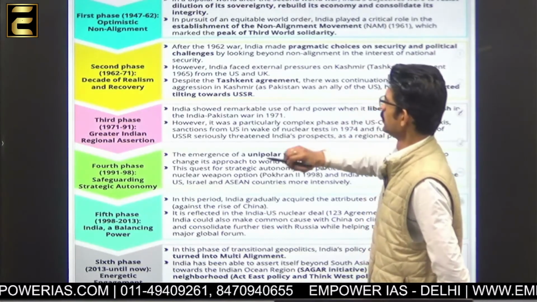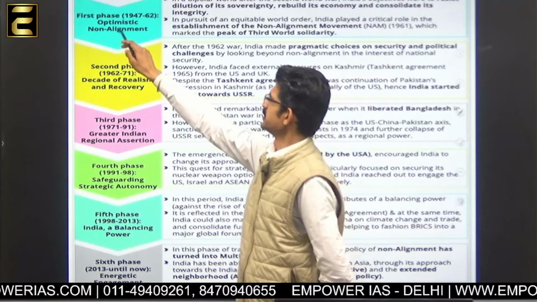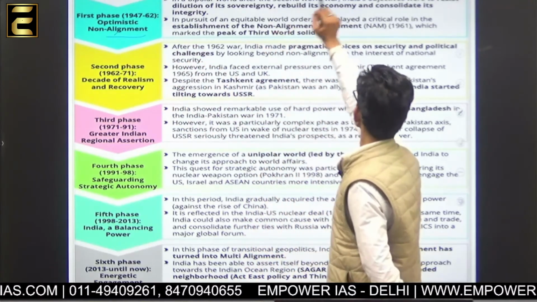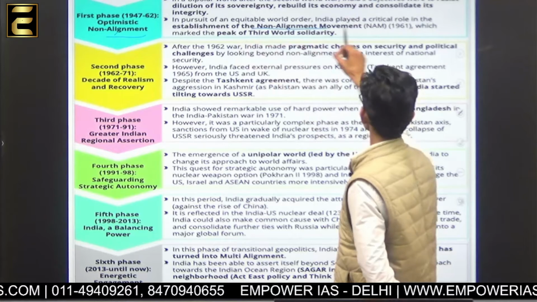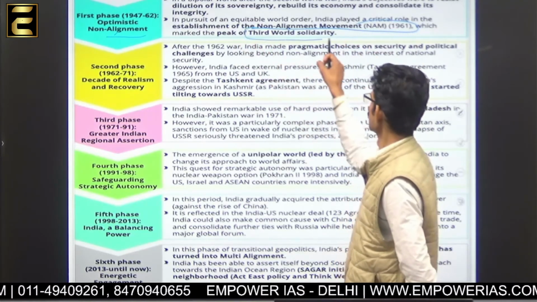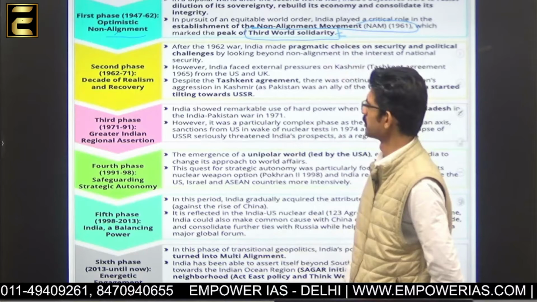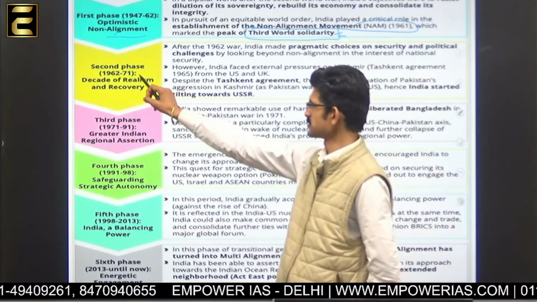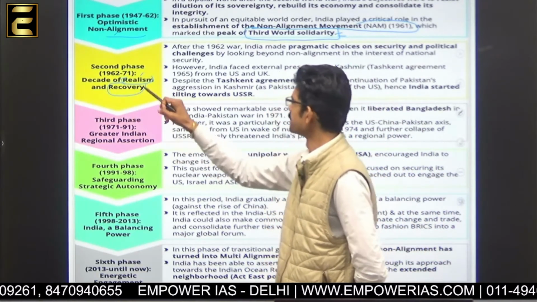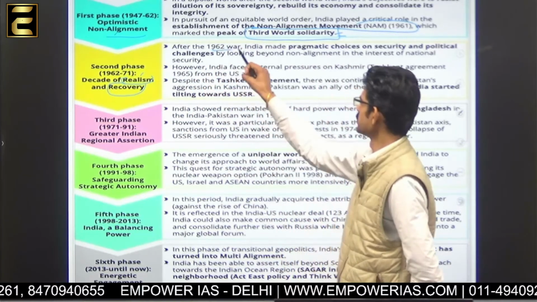Now, non-alignment phases, we see that optimistic non-alignment formed in 1960s and 1961 was the first meeting of non-alignment movement as a third world solidarity or third world order. Then second phase in 1962, era of realism and recovery, and that was taken by 1962 war.